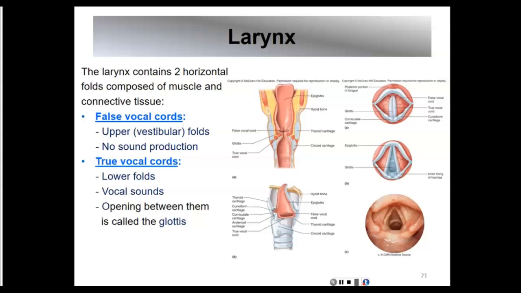These horizontal folds are composed of muscle and connective tissue, and that's what makes your vocal cords. Just know them as vocal cords. You don't need to know the difference between false and true, or the glottis, which is basically the hole. Just know that this area is the vocal cords.